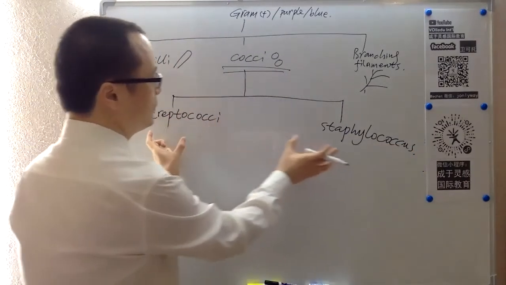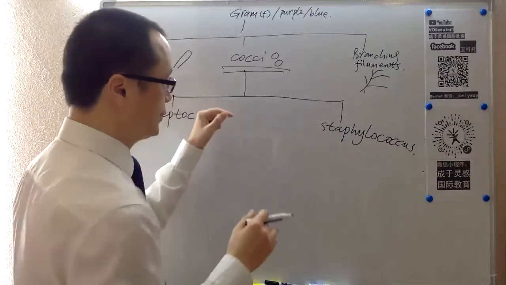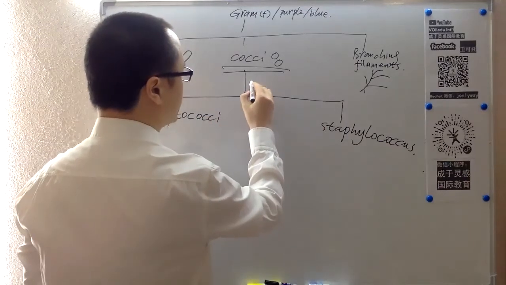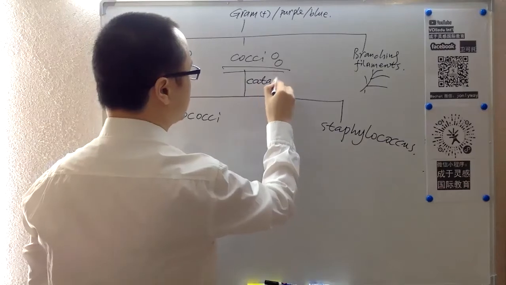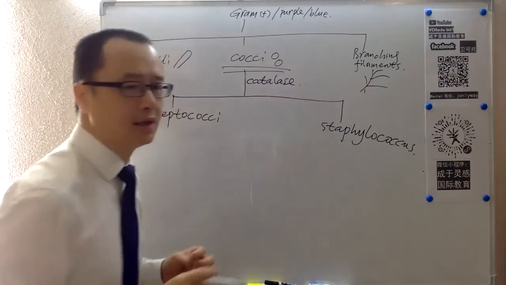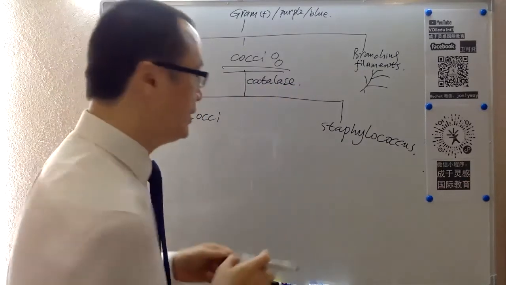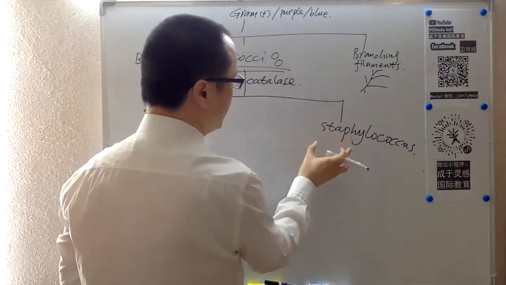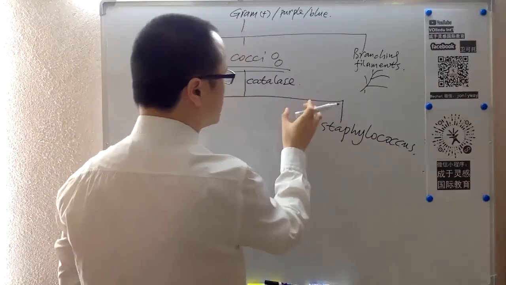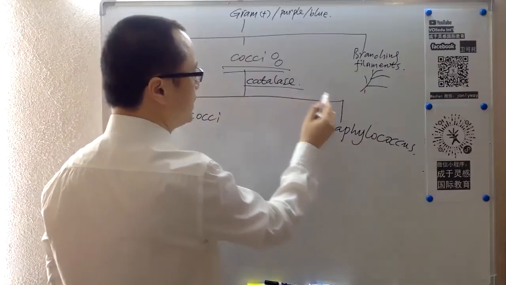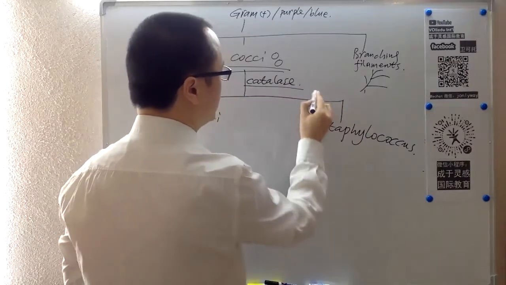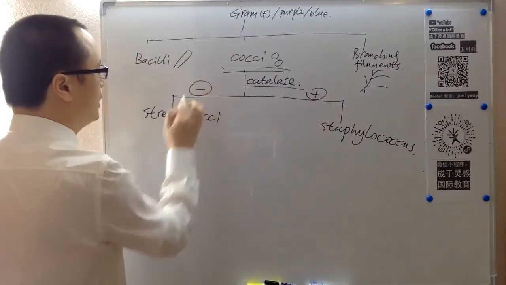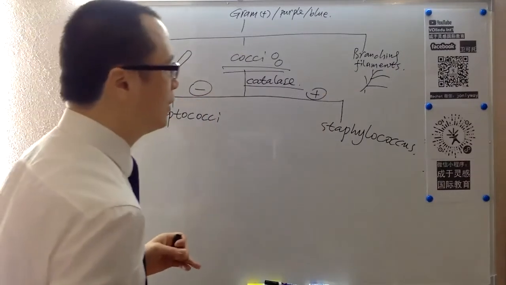The two kinds of cocci are separated according to the reaction to catalase, an enzyme of hydrogen peroxide. If the coccus bacteria is sensitive to catalase, it is Staphylococcus. If it is not positive, it is Streptococcus.